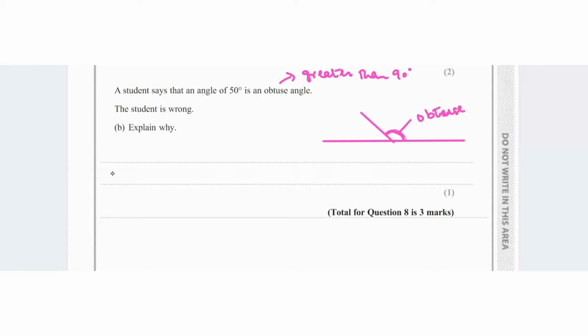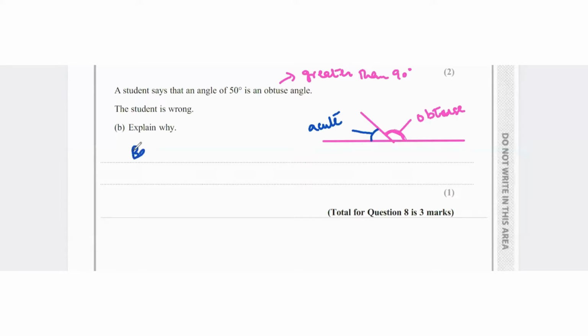The angle that the student is talking about is an acute angle, which is less than 90 degrees. As you can see, 50 is less than 90 degrees, so it cannot be an obtuse angle. It is an acute angle.